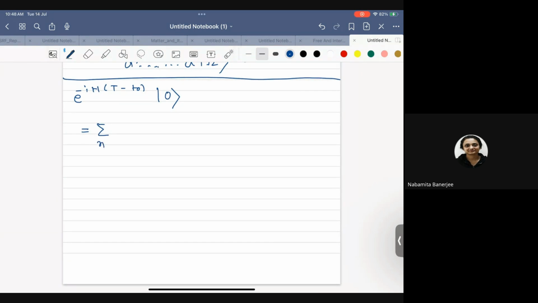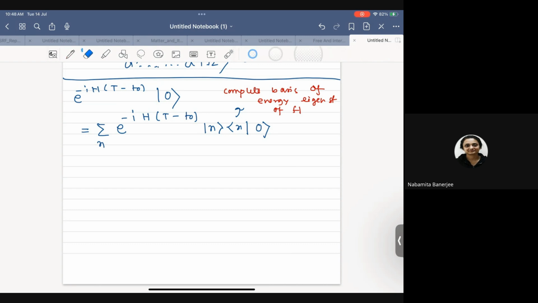Let me introduce an identity in terms of all the energy eigenstates of my interacting theory. These are a complete basis of energy eigenstates of the full theory H, not just H free.